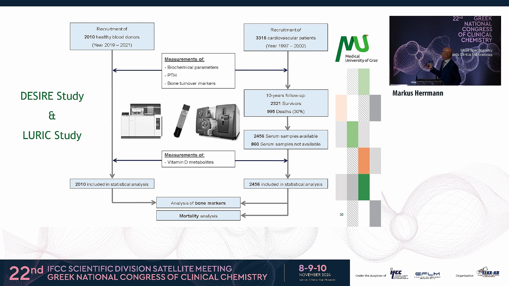Now, DESIRE consists of 2,010 Austrian blood donors without specific disease, whereas the LURIC study includes patients with acute cardiac symptoms that subsequently underwent cardiac catheterization. And these patients were also followed up for 10 years.